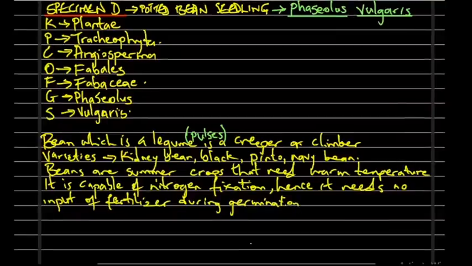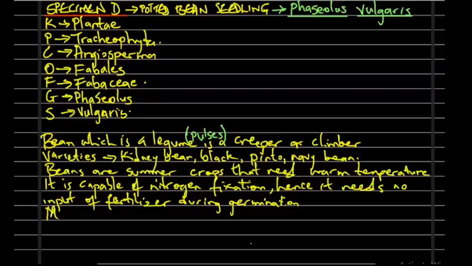Now, this particular crop, since it has the ability to fix nitrogen itself, needs no fertilizer. It needs less fertilizer, particularly when you consider its fertilizer application compared to other crops. Now, its maturity typically takes about 2 months. We say between 55 to 60 days.